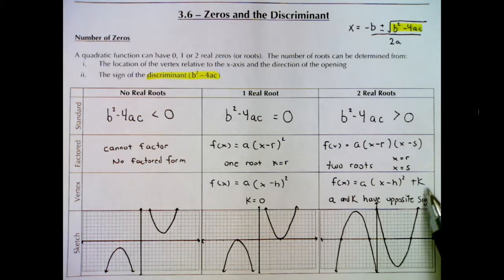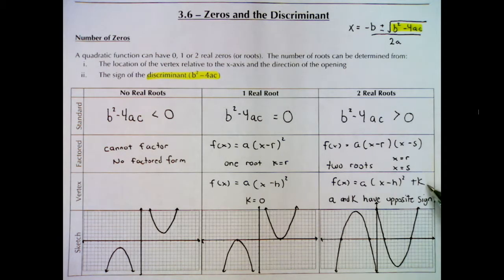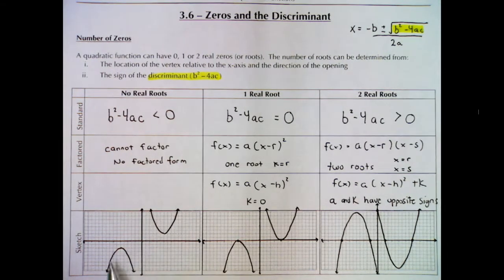You just see the equation and think, okay, it's shifted up and it opens down, so that means it's going to cross the x-axis twice. No real roots happen when you have a positive k and a is also positive opening up, or you have a negative k because you're shifted down and it opens down, so a is also negative.